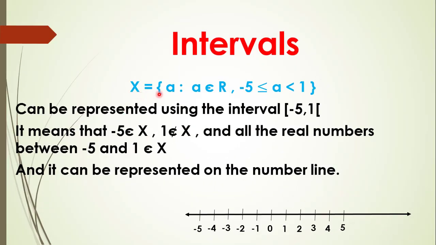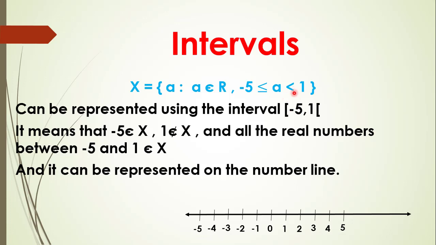X equals a such that a belongs to R and a is greater than or equal to -5 and less than 1. Okay, this is an interval. I write the smaller number first, then the greater: -5, comma, 1. Since we have "or equal", it means that -5 belongs to this set, so I close this square bracket.